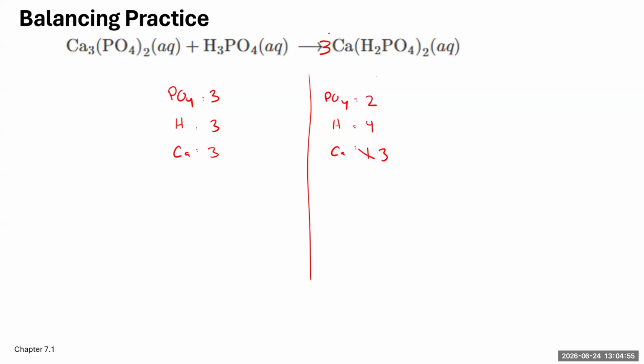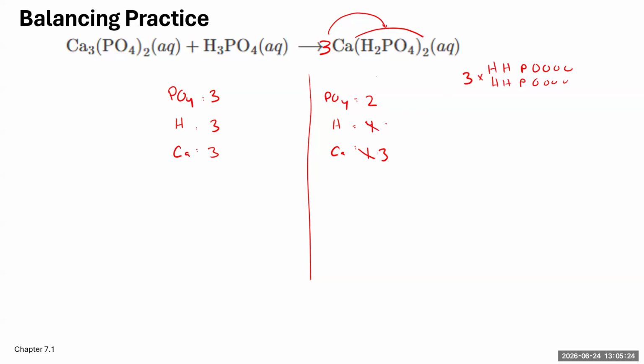But that also changes the, so it gives us 2 more. So we have now 12 hydrogens, right? Because we have, I'm going to write this out. This looks like this: H, H, P, O, O, O, O, H, H, P, O, O, O, O. That's what we're starting with. Let's say we did this by 3, right? Because that's what that 3 means.